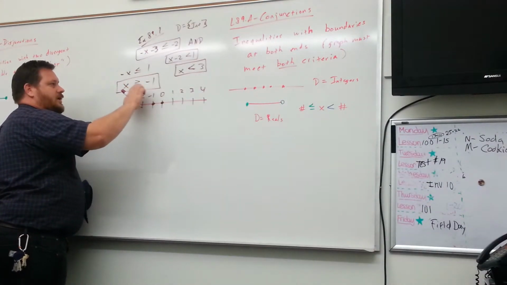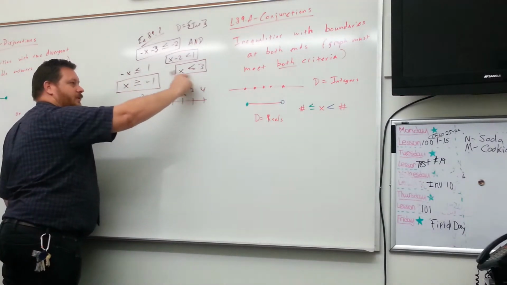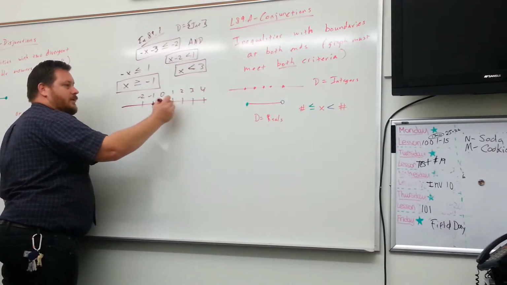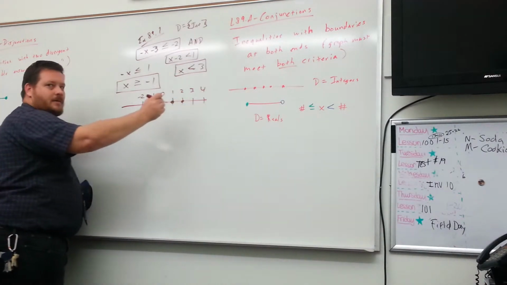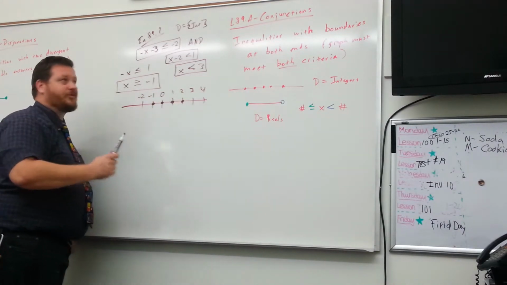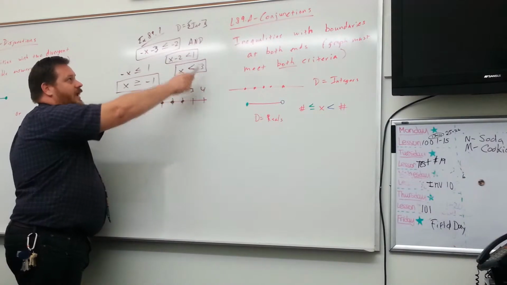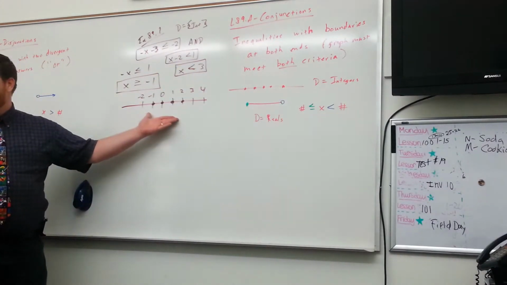We put one on -1, and then we go to the right, and we just have to make sure we stop here. Can it be 1? Yes. Can it be 2? Yes. Can it be 3? No. Why not? Because it has to be less than 3, not less than or equal to. Since it can't be 3 and it's only integers, we just stop on 2, and there's our graph.